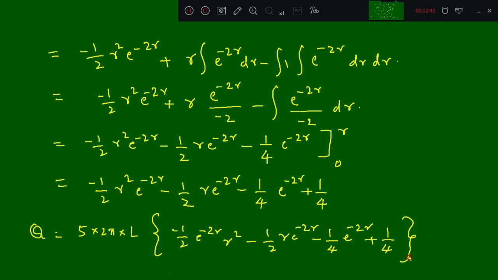This is the Q value. So this equation you can take as equation number 4. Then we have previously one Q value, that is dr r 2 pi into L. So that Q and this Q can be equated to get the answer.